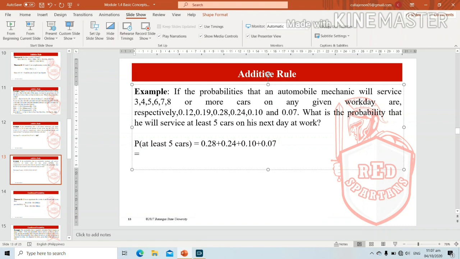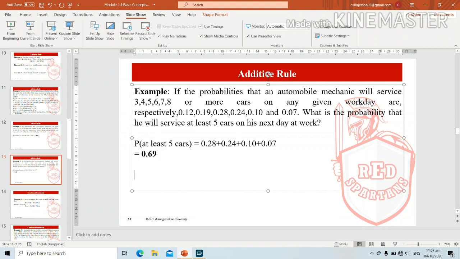Pero i-check muna natin kung yung total ba niya ay equal sa 1: 0.12, 0.19, 0.28, 0.24, 0.10, and 0.07. So, yan equal sa 1. Kunin natin 0.28 plus 0.24, 0.1, 0.07, 0.69 or 69% yung probability na at least 5 cars.